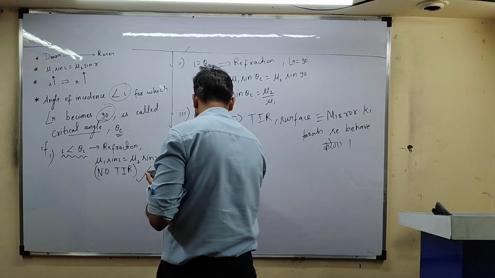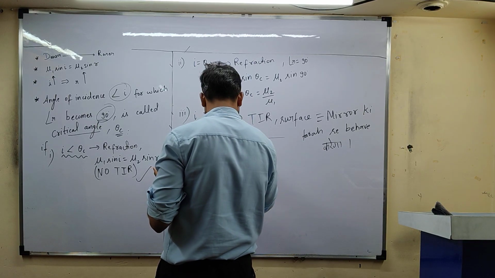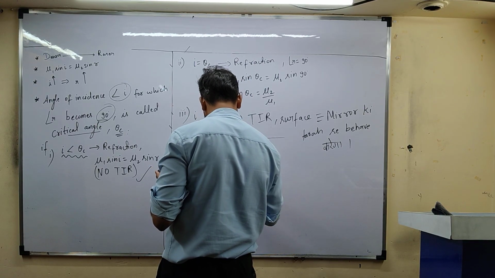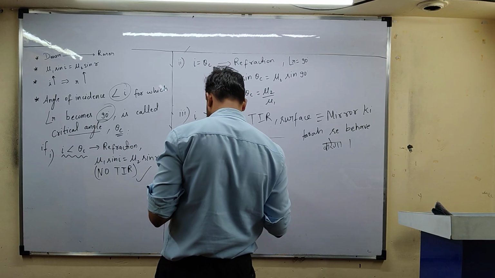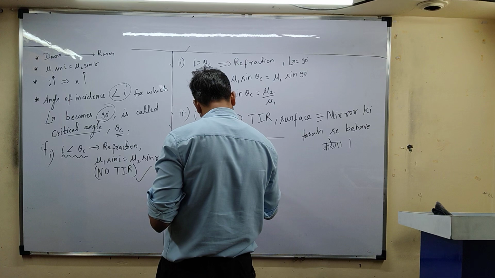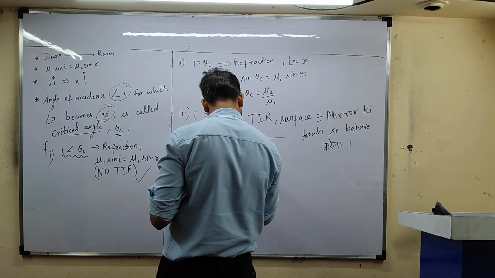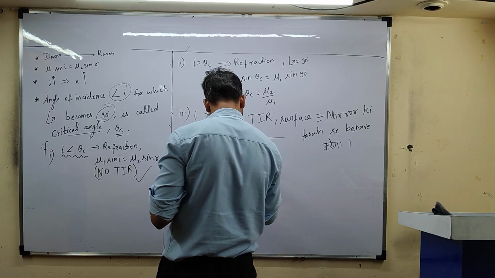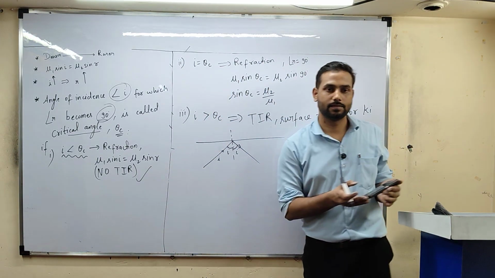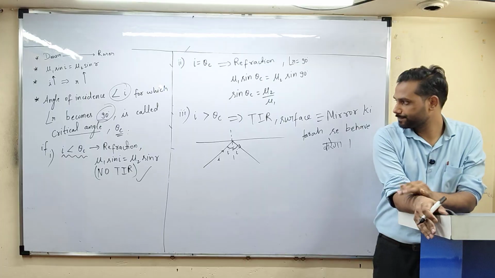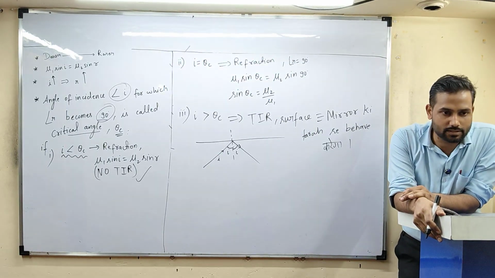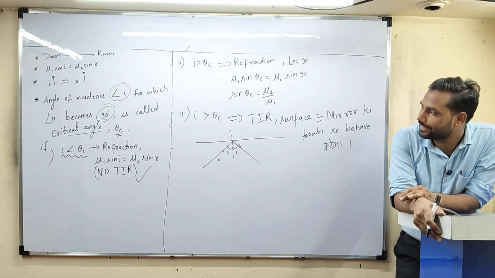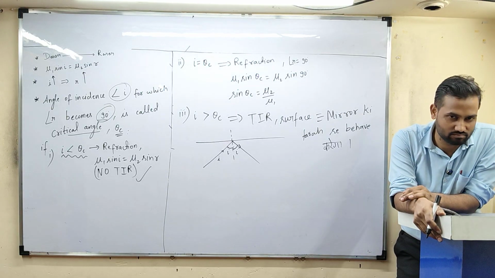That means it's like this. Let's draw the normal. Angle I becomes angle R. Same. If this is I, this is also I. TIR happens. Why? Because angle of incidence is greater than critical angle.